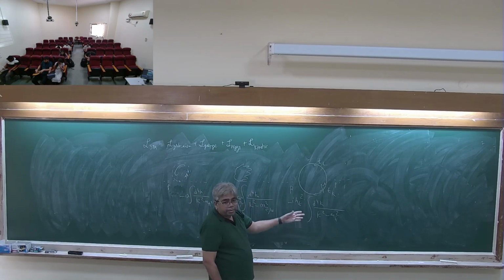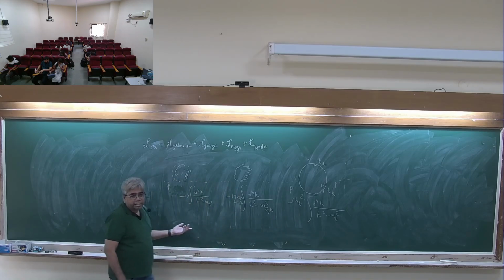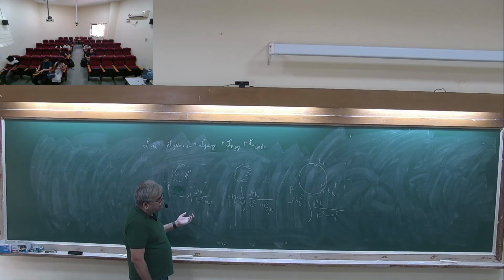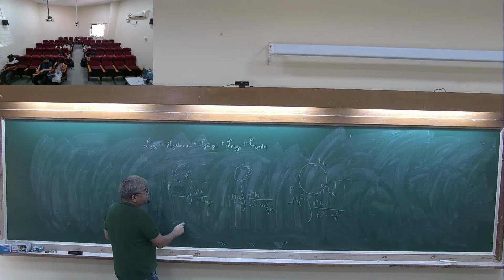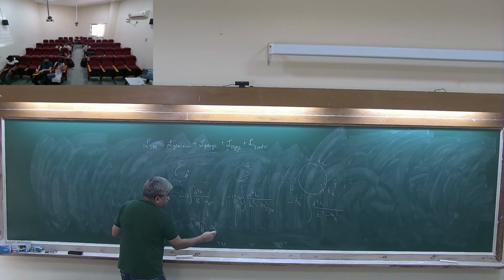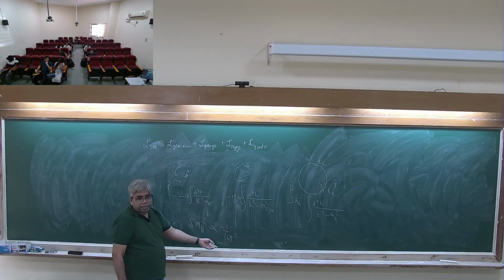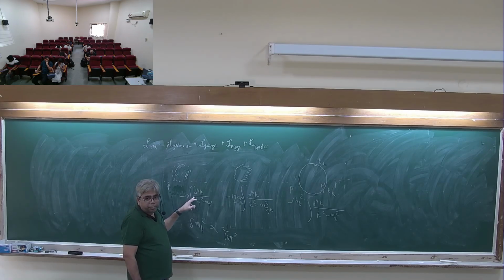So all of them are quadratically divergent, all these diagrams. So if you do a cutoff regularization, it is proportional to some coupling constant, say minus 1 by 16 pi square. Since minus 1 by 16 pi square just comes from, because how do you show that it is quadratically divergent?